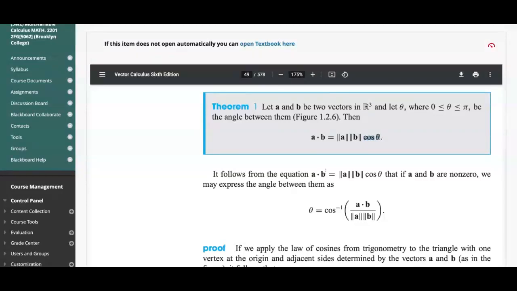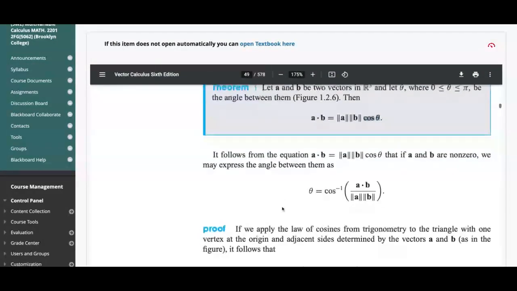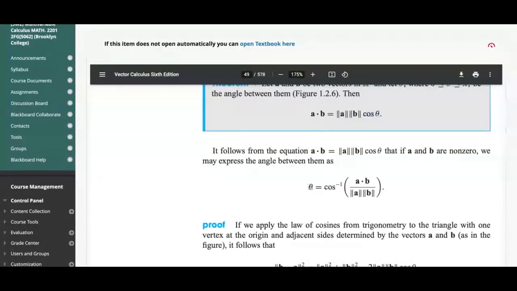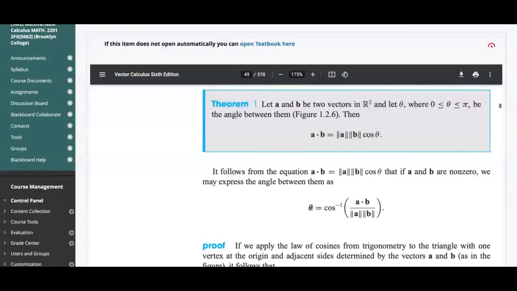You could draw the picture to convince yourself. That means we can find the angle spanned by two vectors. It's arc cosine of A dot B divided by the product of the length of A and the length of B. It comes from here.